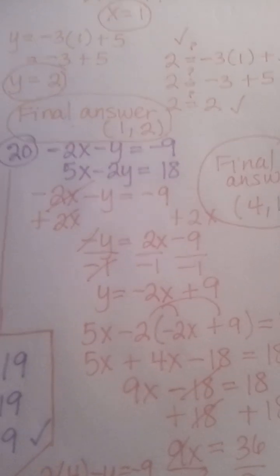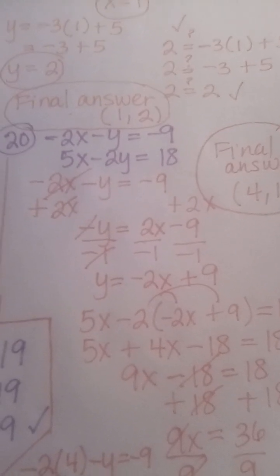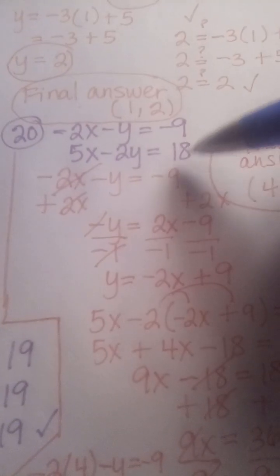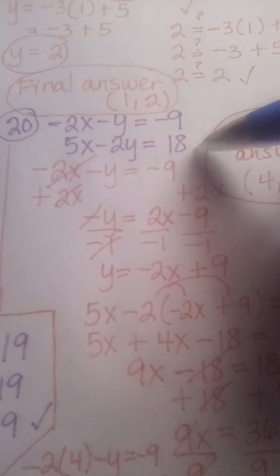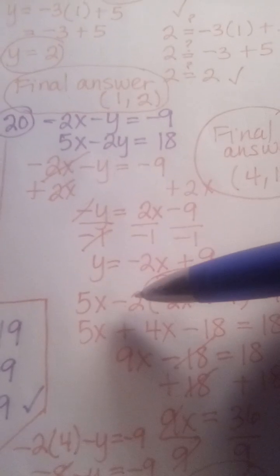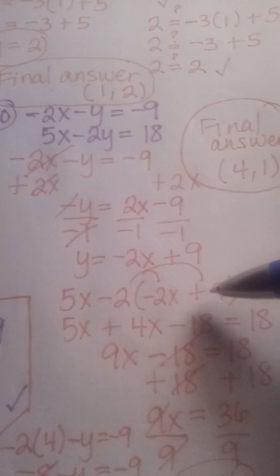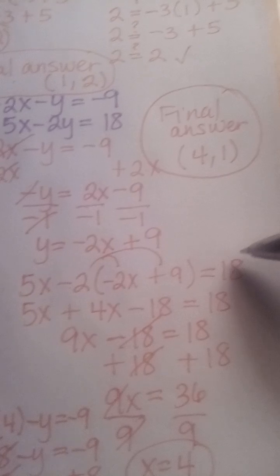Okay. Once you figure out the y, then you can substitute it into either of these two equations. I use the second equation. So we have 5x minus 2, with negative 2x plus 9 inside the parentheses, equals 18.